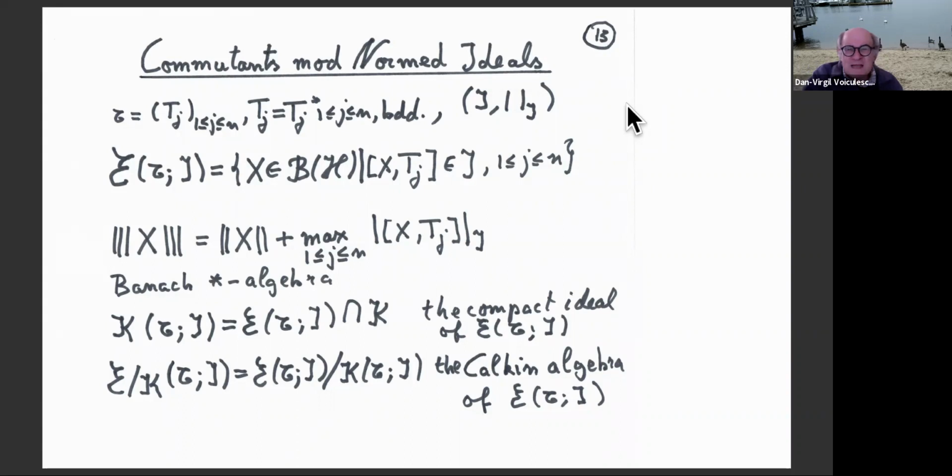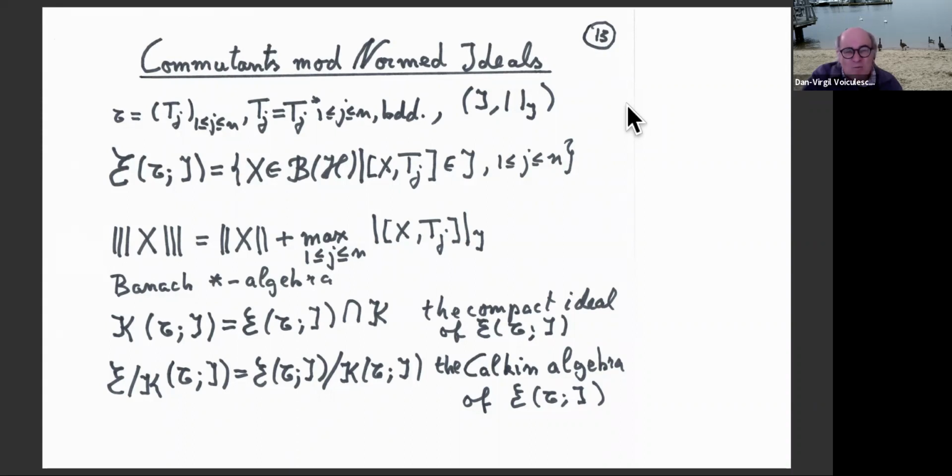They are the commutants mod normed ideals. So I have, again, an N-tuple tau of bounded Hermitian operators, Tj equal to Tj star. And I have I, a normed ideal with this I norm.